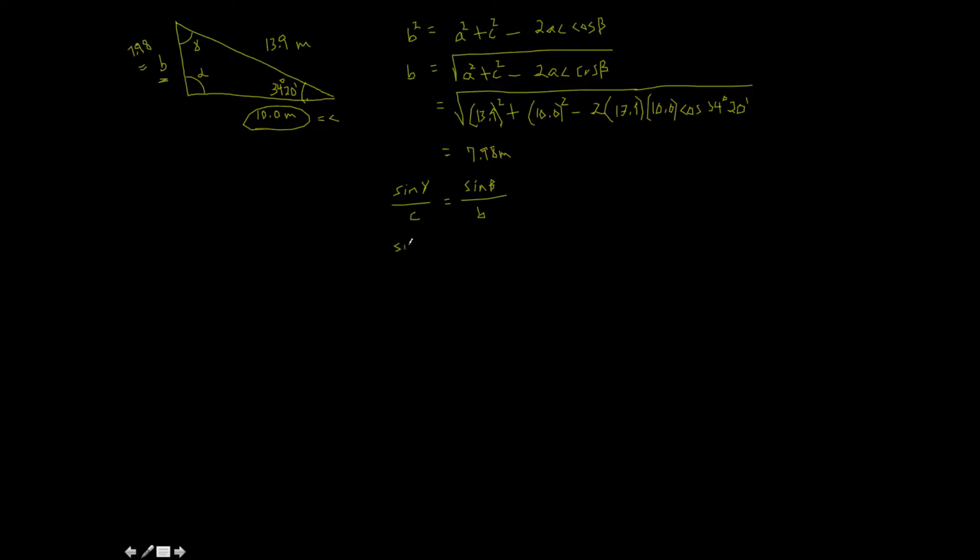So it's going to be sine of gamma over 10.0 equals the sine of 34 degrees, 20 minutes, all over 7.98.